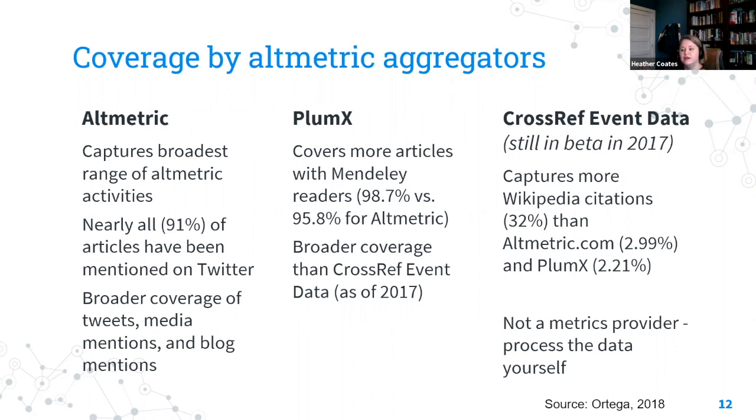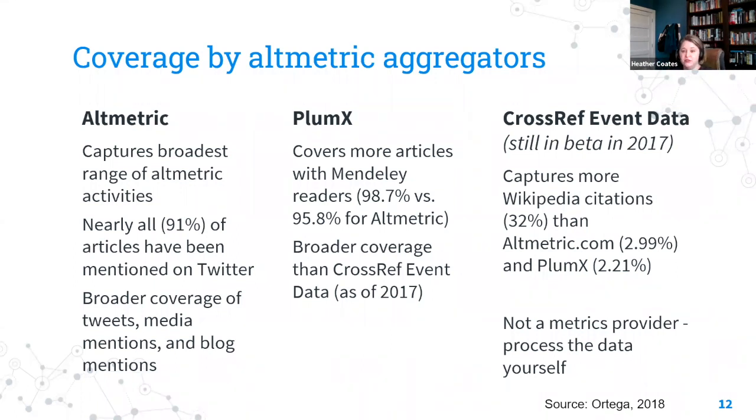And it has broader coverage than Crossref event data. Now, at the time of this study, Crossref event data was still in beta, but it is essentially capturing those activities and interactions that I mentioned earlier, based on the publications or the products that are in their very massive database or system.